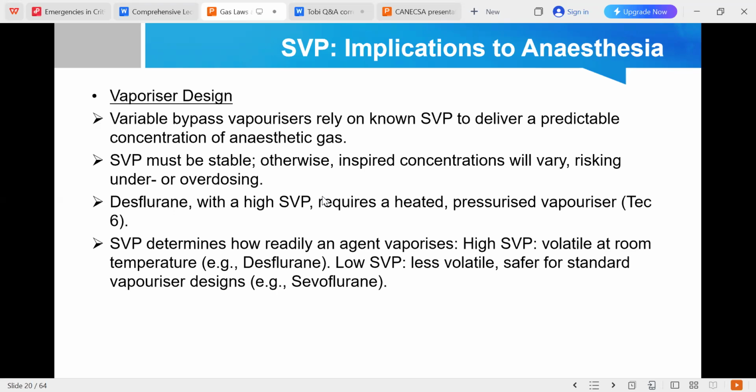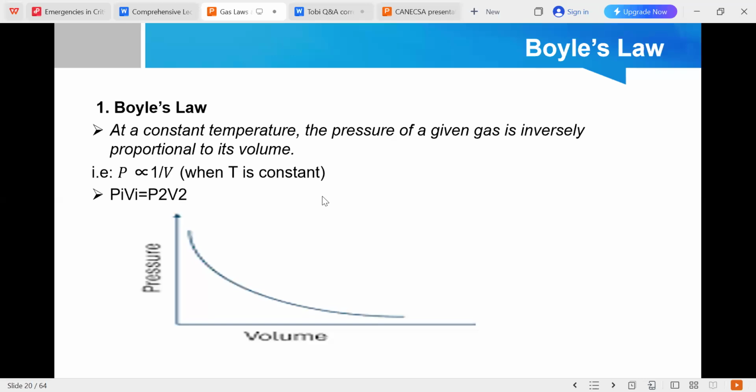However, desflurane has a very high SVP, like we saw, so it requires a heated pressurized vaporizer. High saturated vapor pressure means that the liquid is volatile at room temperature, while low saturated vapor pressure shows that the liquid is less volatile, so it's safer for standard vaporizer designs.